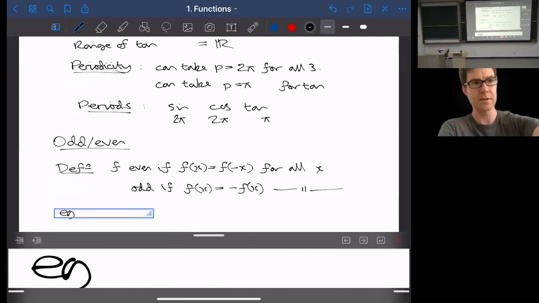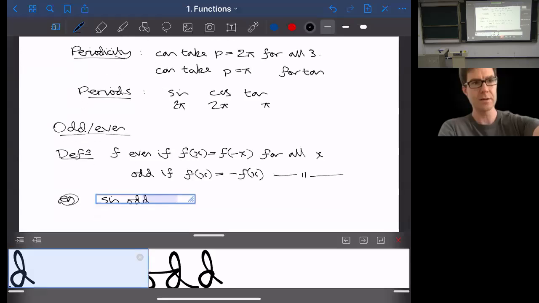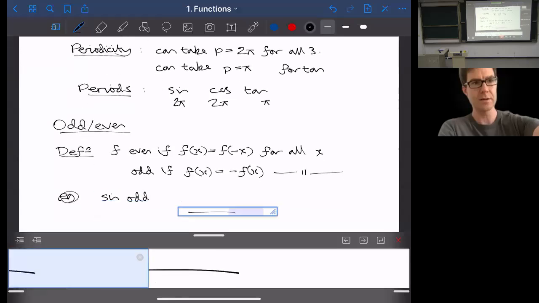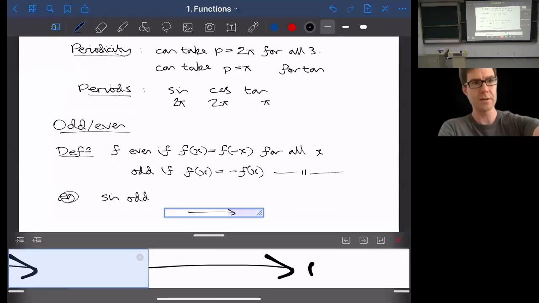So for example, sine is odd, and the picture is by the x-axis.